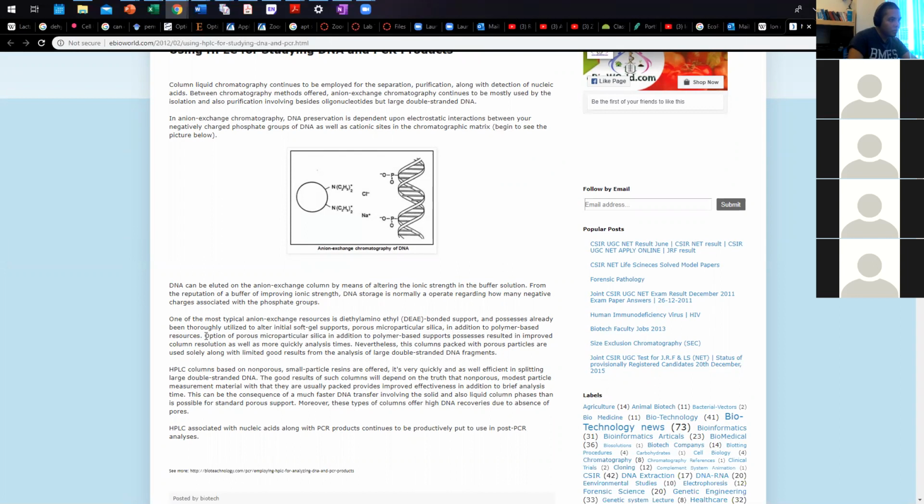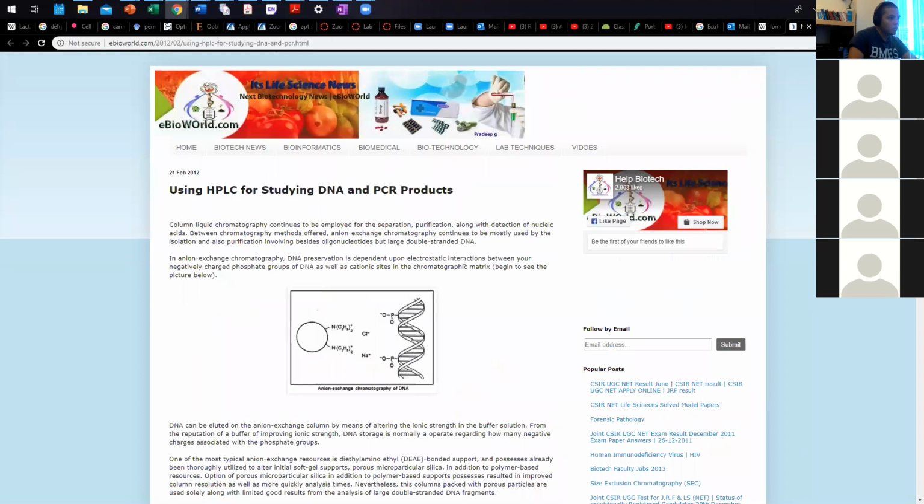No, we don't use HPLC. This is extra stuff. Phosphate groups, electrostatic interactions, chromatography. The reason the fluid around these two is charged is that it acts like electrolytes.